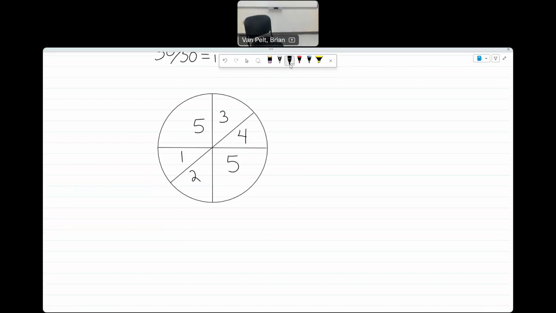Pretend you're playing a game with a spinner. You spin the spinner once. Okay? So this is a game with spinners. Spin the spinner one time.